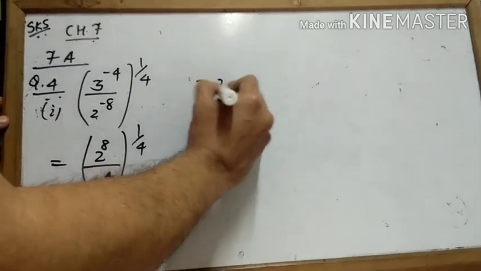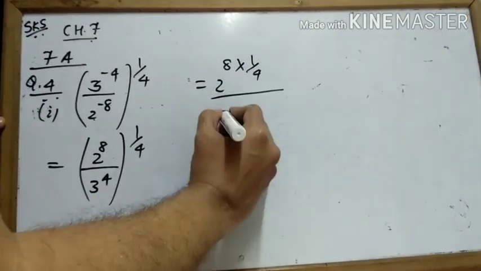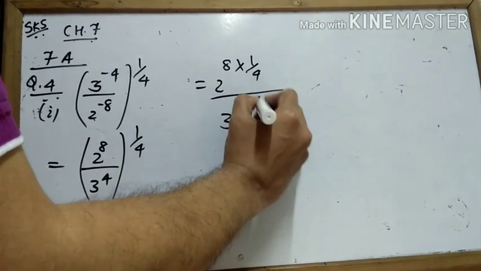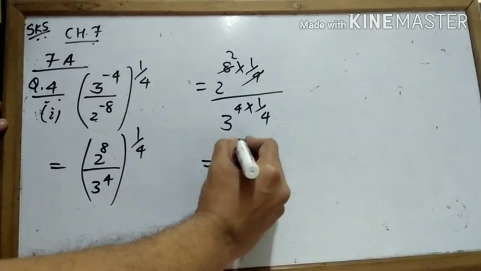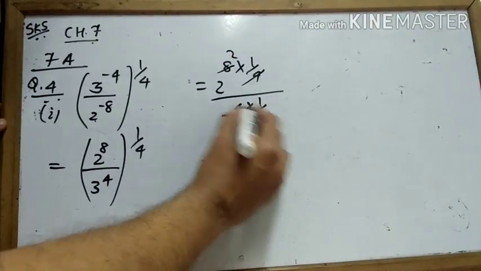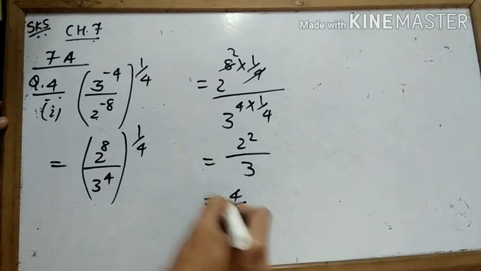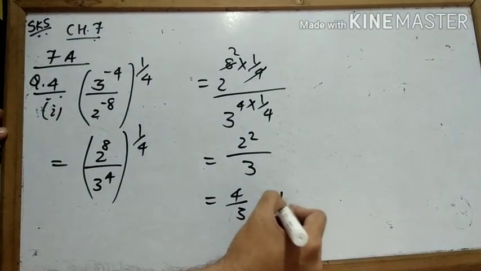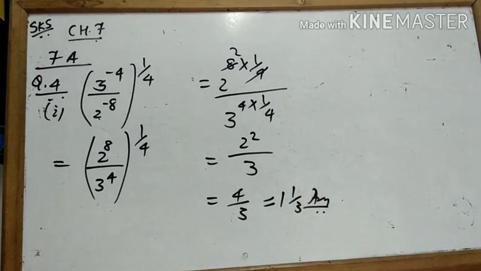So what I get is 2 raised to 8 multiplied by 1 upon 4, 3 raised to 4 into 1 upon 4. 4 twos are 8, this becomes 2 squared, and here 4 and 4 get cancelled, 3. So again, the answer can be written as a mixed fraction, decimal, or whichever way your school tells you.